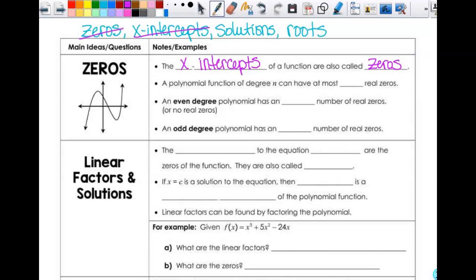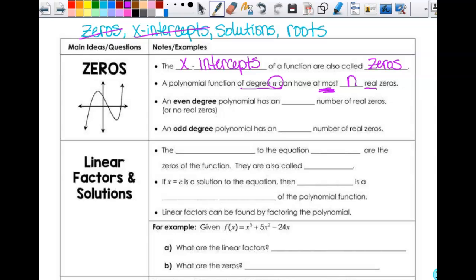Polynomials, which we're talking about right now: a polynomial function of degree n can have at most n real zeros. So if I have a fourth degree polynomial, the most zeros I can have is 4. I may not even have 4. I may not have any, but 4 is the most I can have.